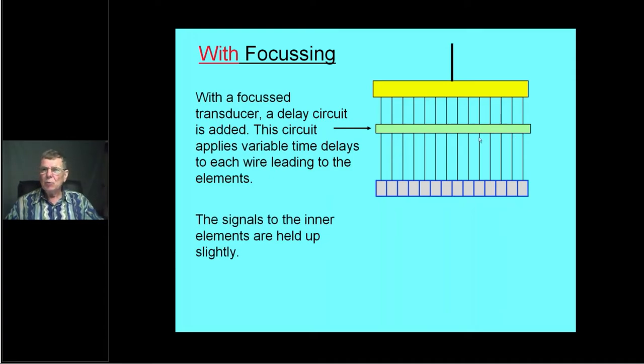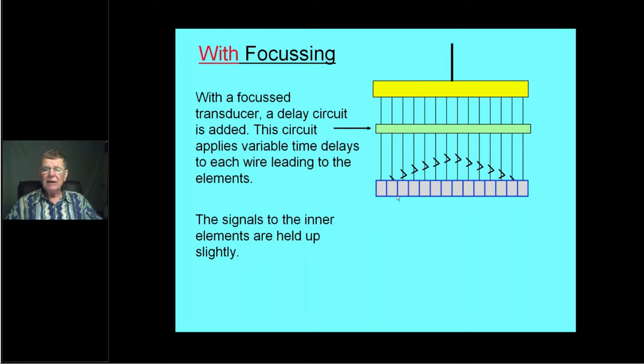Now, at this point, the delay circuit says, right, I'm going to allow the outer element voltages to go straight through and energize the array elements down here. But I'm going to hold up or delay the voltages to the inner elements by just a little bit. So you'll wind up with the electrical voltages coming down in this sort of a pattern.